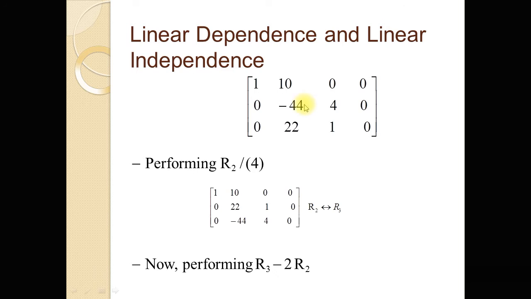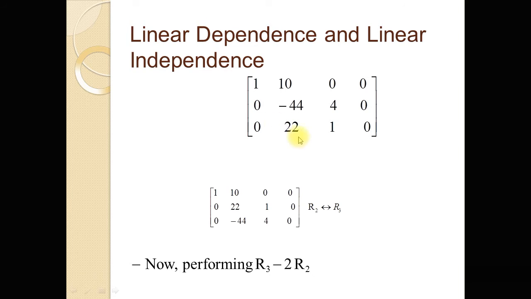Now we can multiply the second row by 1 over 4, or we can multiply the second row by 1 over 2, and then subtract the second row from the third row, and we obtain 0 here.